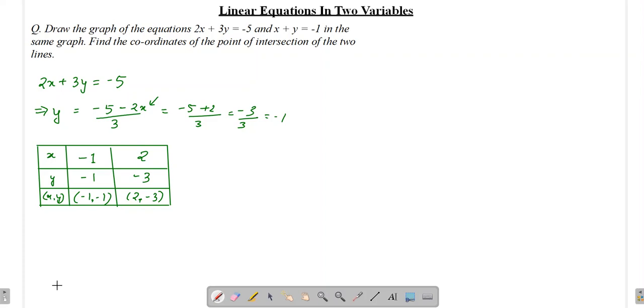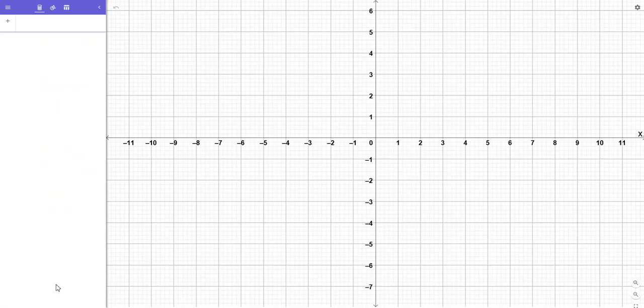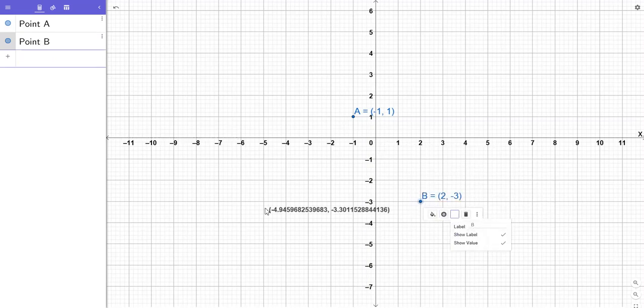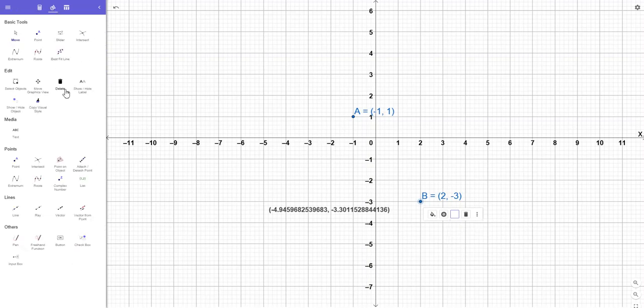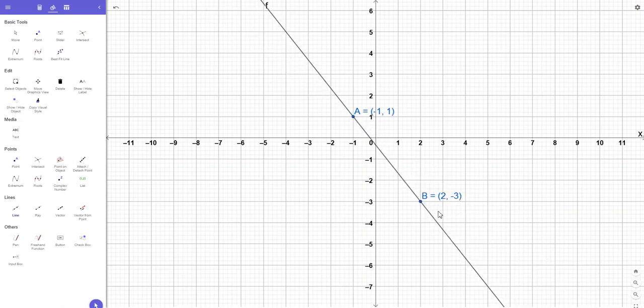So now let us draw the graph of this. We have the two points, -1 comma -1 and 2 comma -3. Here it is 2 comma -3. What we need to do is join them to draw the graph. So this is the graph of the equation.